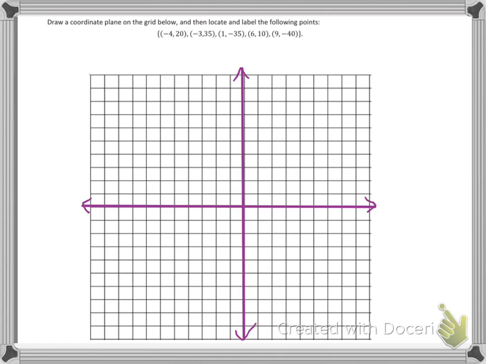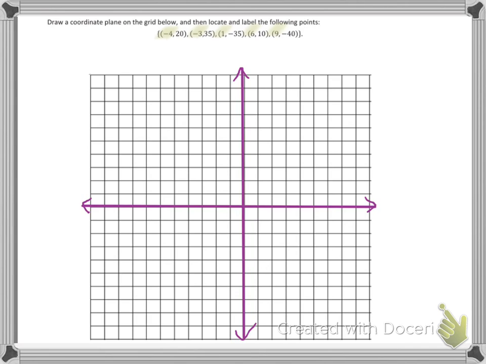And now I need to decide what my scale is. If you notice, the x values are -4, -3, 1, 6, and 9. Well, those will fit very easily on the scale that we had previously, where each grid line represented 1 unit.